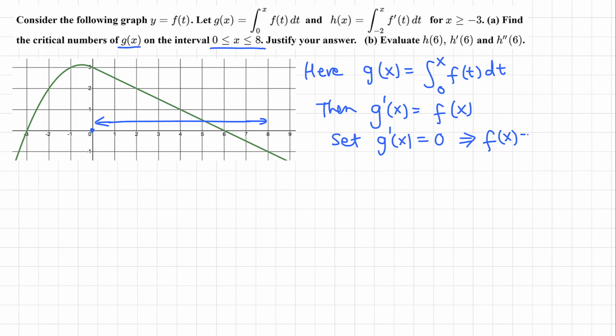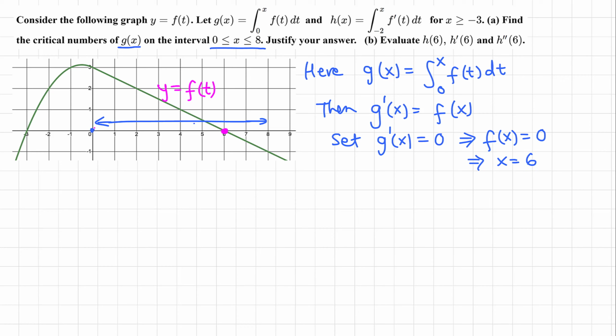That means derivative 0 means the function is 0. So we want to find where the function is 0 on this interval 0 through 8. If we look at this graph from 0 through 8, this is the graph y equals f of t. It's 0 here, sorry, x is 6.